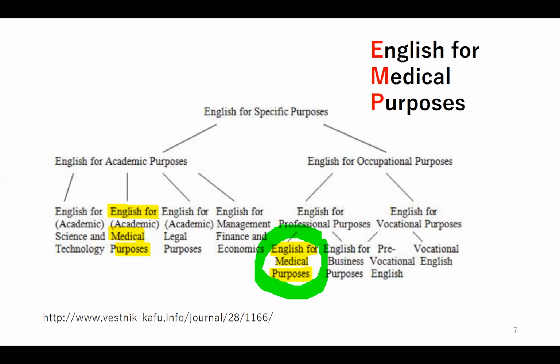I don't know. Any field can have its specialized English. My field is probably English for medical purposes, EMP, and you can say English for pharmacy, EFP. That's the abbreviation, the initialism I use, EFP.